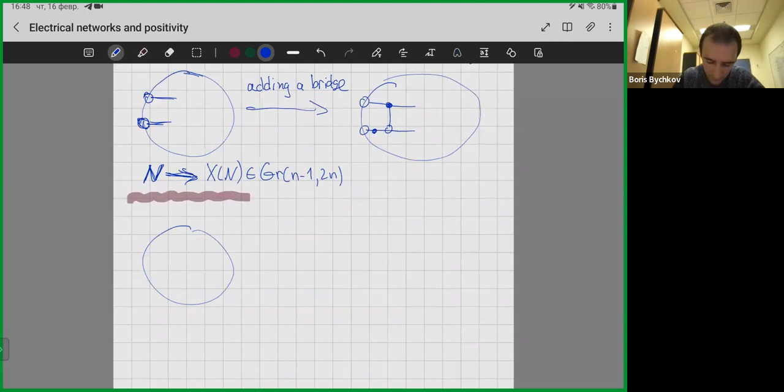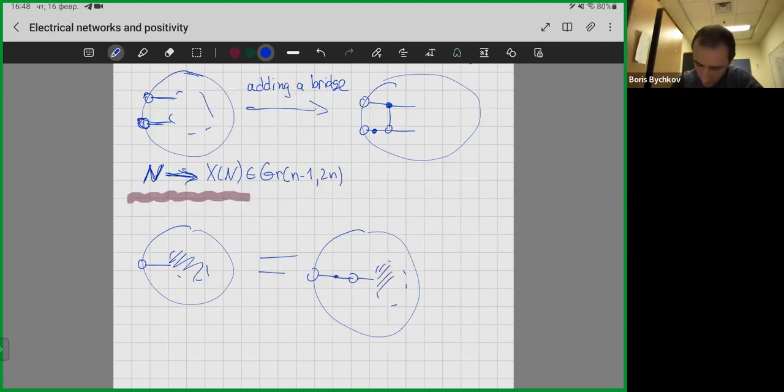If we have something here and something here, then adding a spike gives the same network here.